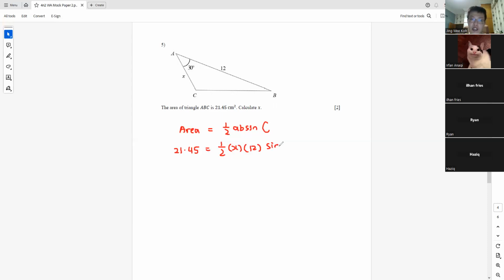Then sine 30. Okay, so how to find my x? You press your calculator, half times 12 times sine 30. It will give you 3. So then you copy down the x. And so how to find the x? Just divide by 3. 21.45 divided by 3. So x will be equal to 7.15.